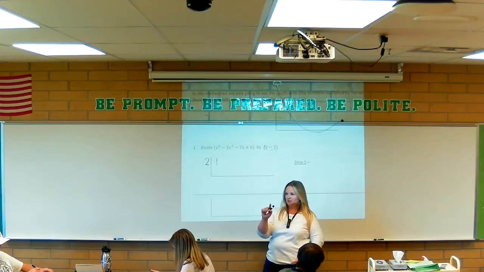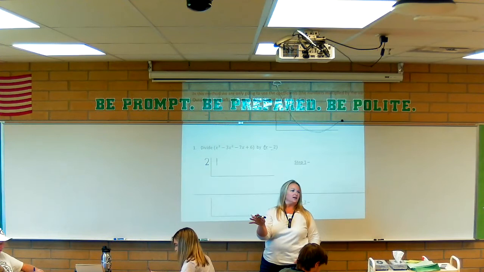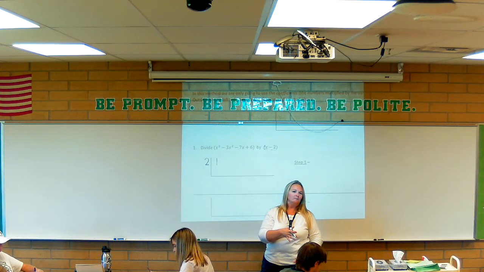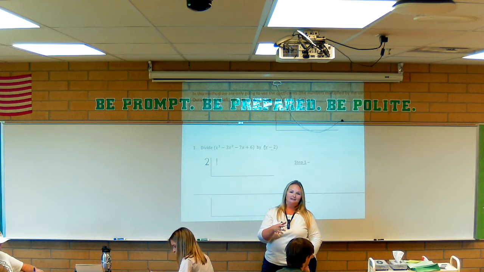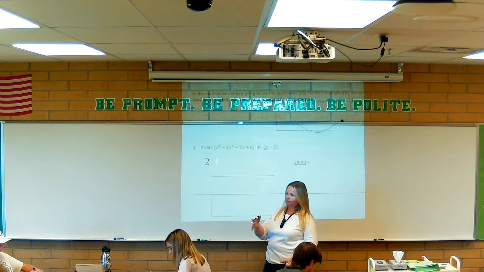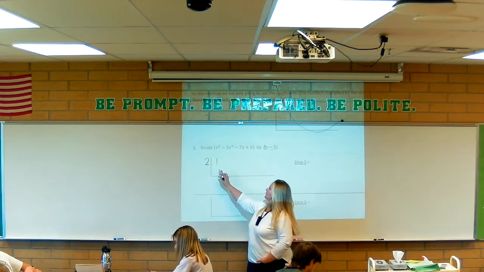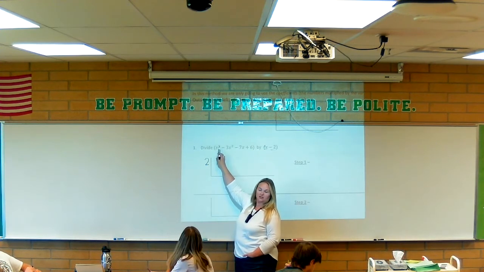The first coefficient that I write down, first of all, don't even attempt to try until everything is in standard form. I'm never going to give you one that's not in standard form, at least not on purpose. Your highest exponent should be first, but if for some reason it's not, please put it in standard form first. So 1 is the coefficient on my highest exponent of x cubed.